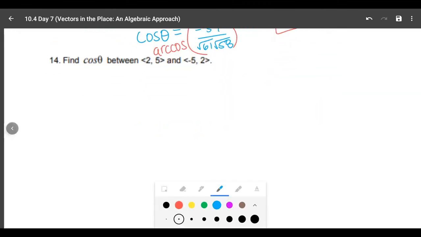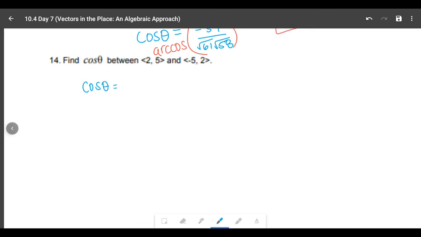Similarly to a problem like that is a problem like 14, where we need to find cosine of theta between these two given vectors. So again, same equation, cosine theta equals the dot product between these two things. So 2 times -5 plus 5 times 2 over their magnitudes.